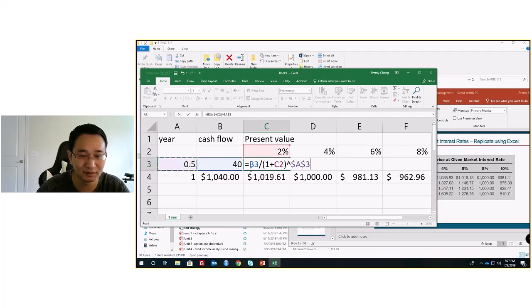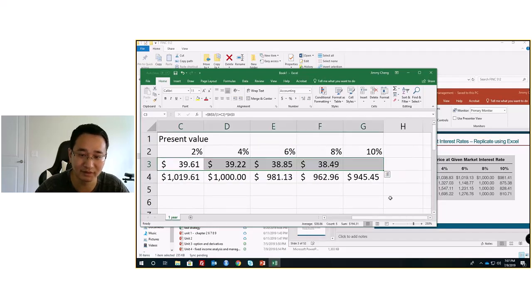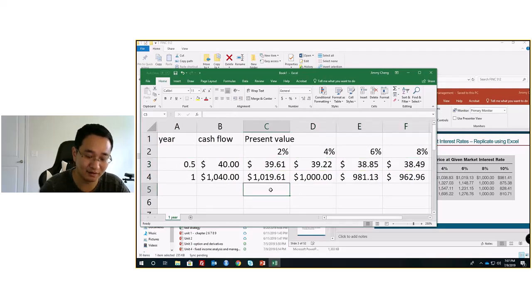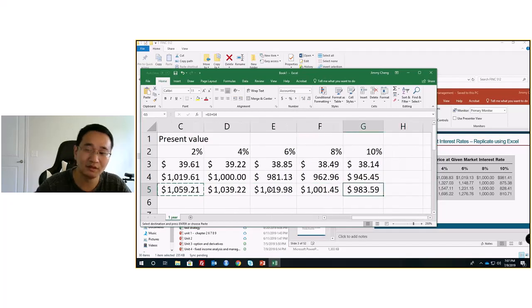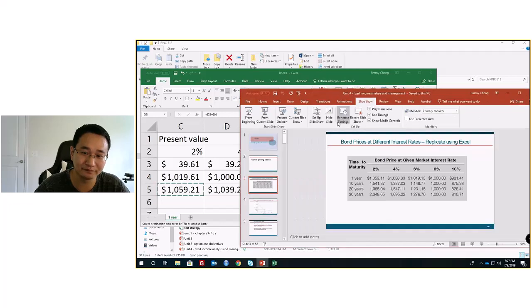Then you can just put this, add those two together. So this is what's going on. It's close enough.